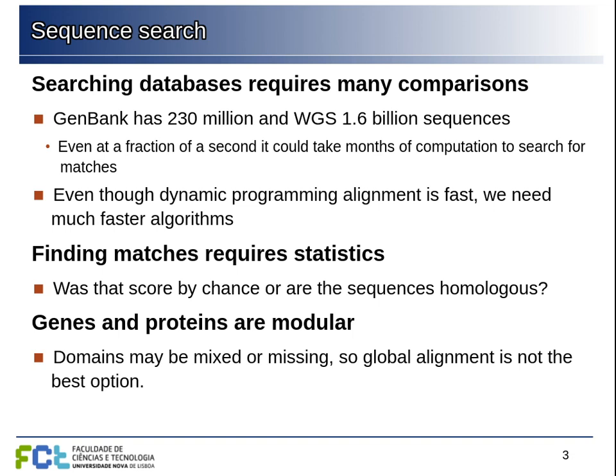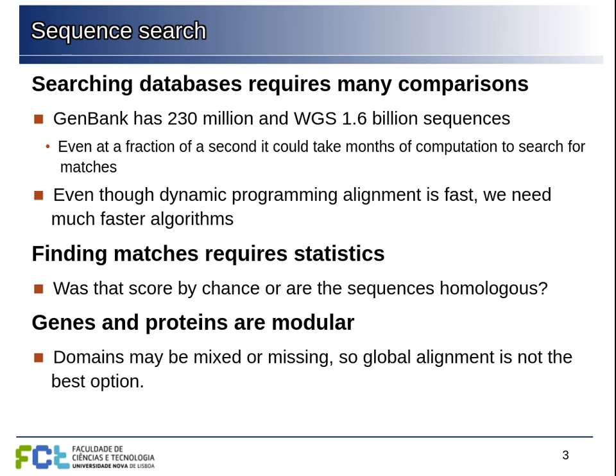So in this case, we will need some statistical measure of how likely it is that by chance we can have some particular score, so that we can discard those matches that occur by chance and find those that are statistically significant.